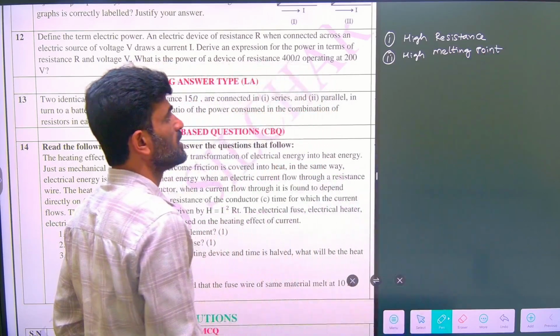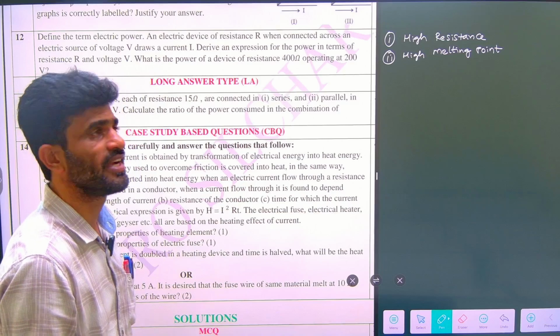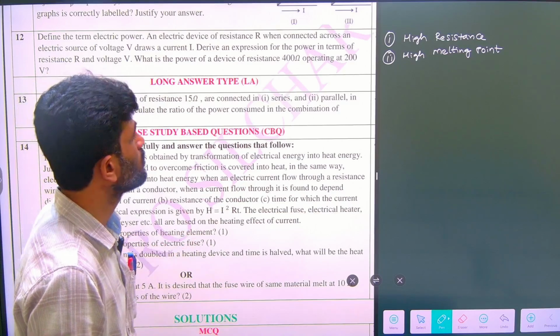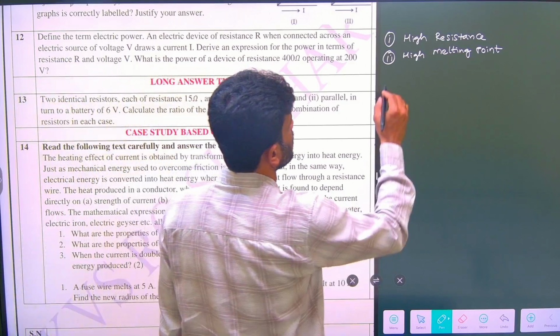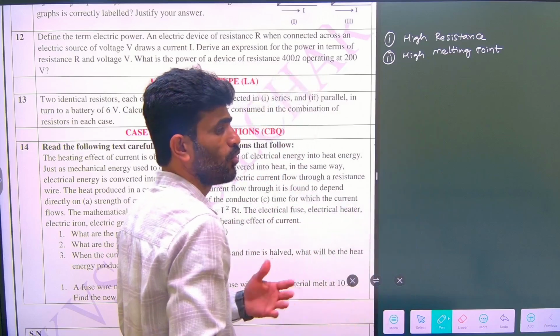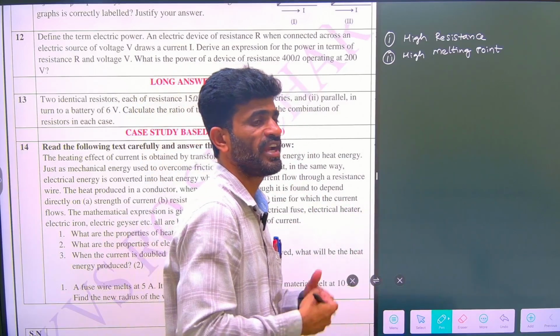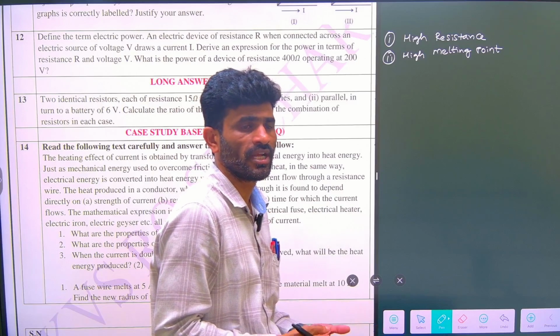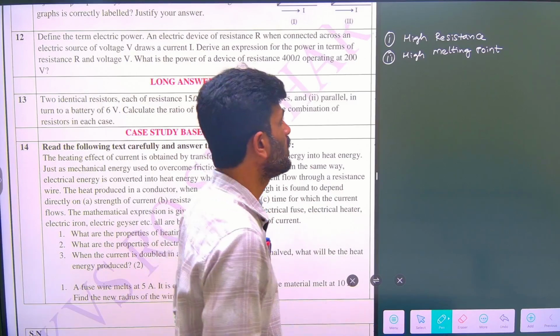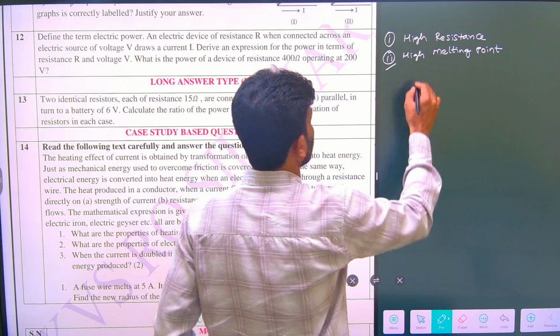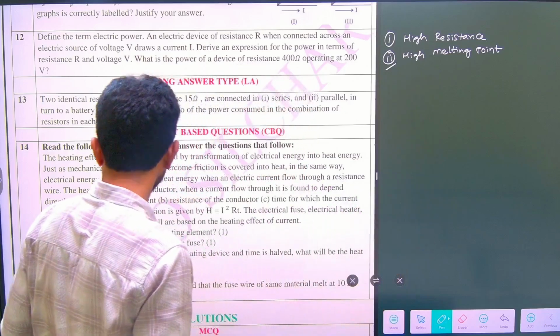These two are the properties of a heating element to produce heat in the device. It should have high resistance so that more heat will be produced, and it should have high melting point so that even though more heat is produced, it will not melt. It will produce the heat. So these two are the properties of a heating element. You have to remember.